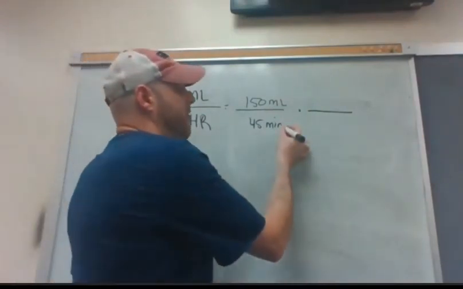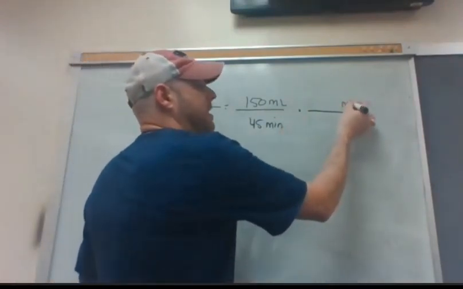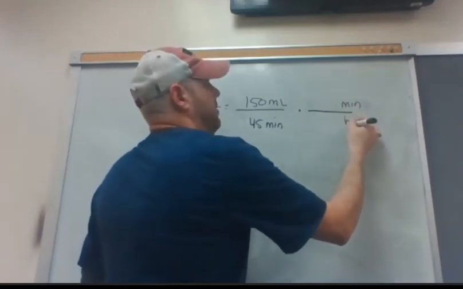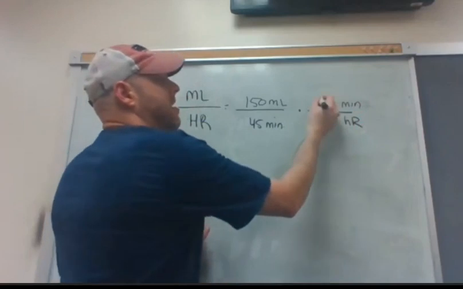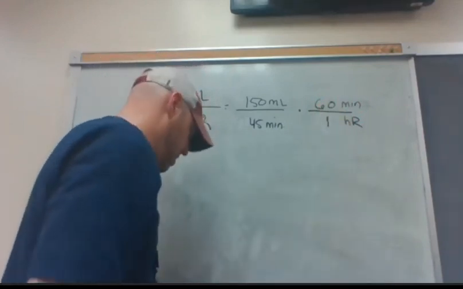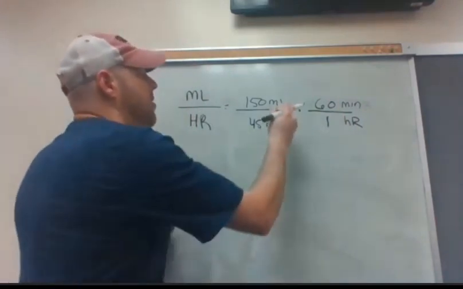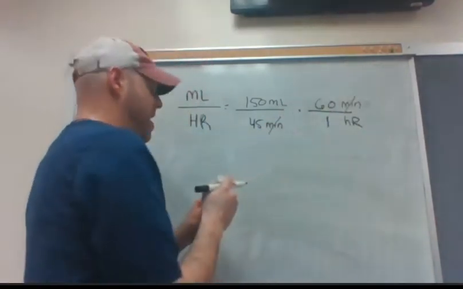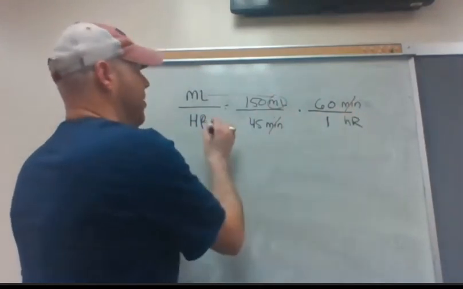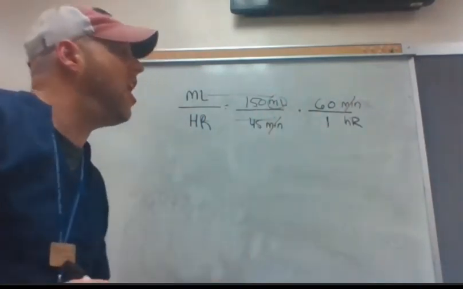So to be able to get over minutes, I bring it up so it cancels. I need to say there are 60 minutes in 1 hour. So I cancel minute, minute, and I'm left with milliliters, which I need, and hour, which I need. So I'm good to go.